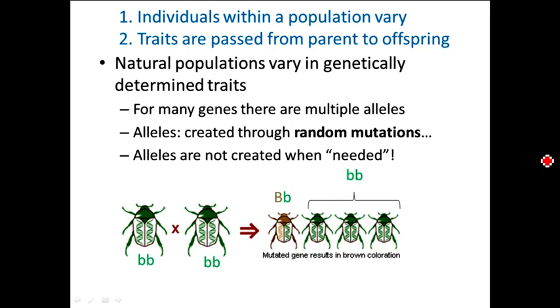So here's an example. We're going to think about a population of beetles. In this population of beetles, there's a genetically determined trait of coloration of the beetle. So imagine that in a population, everybody is green and has the green allele, 2 copies of it. Well, somehow a mutation occurred through a random mistake and created a new allele, a big B allele, that coded for brown.